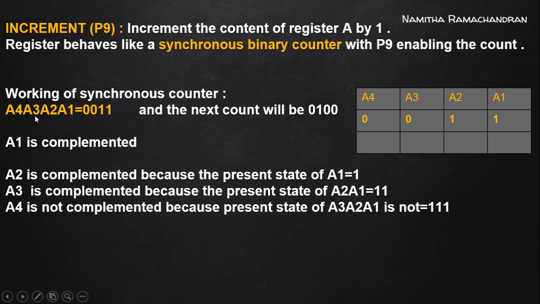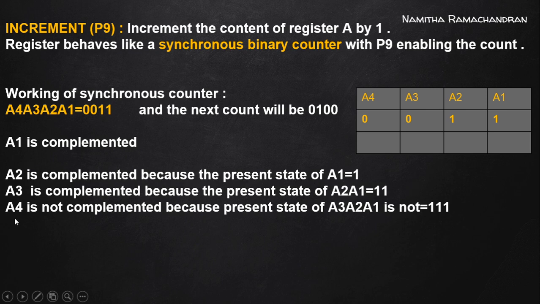If the previous state of A1 was 1, then in the next state the A2 value gets complemented. And similarly for A3, in the next state the A3 value gets complemented if in the previous state the A2 A1 combination contains all ones.